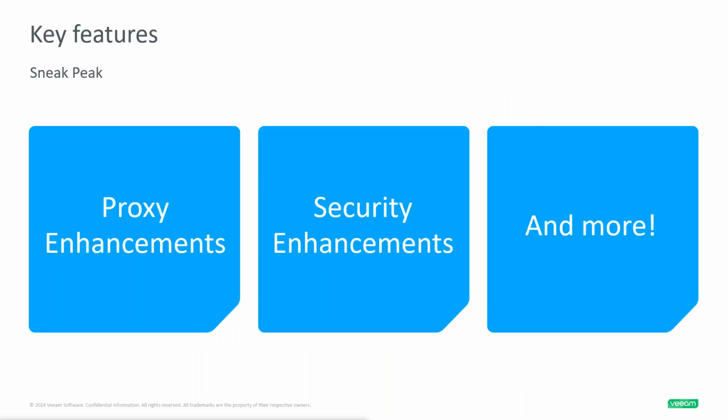All right, so these are the sneak peek features. There are definitely more features coming than what I am allowed to talk about since this is getting posted publicly. But the first thing I can talk about is we're going to have a lot of enhancements around our proxies. First of all, and probably one of my favorite, is we are bringing in Linux proxies. If you've been with Veeam for a while, you know we originally had that in Veeam Backup and Replication.